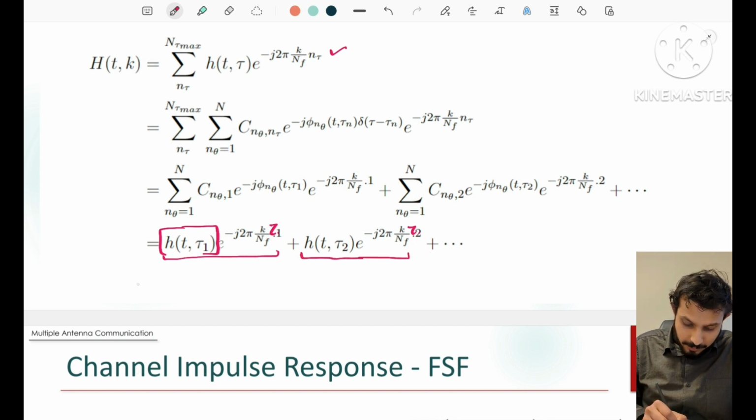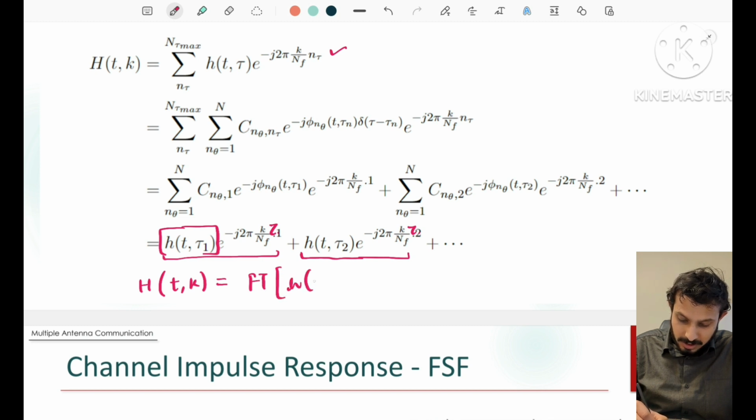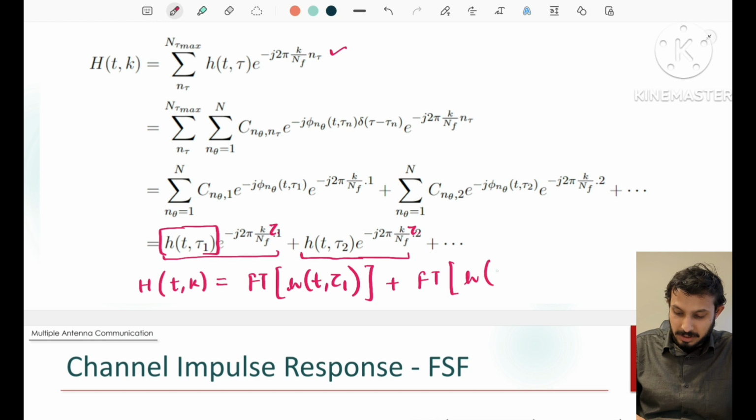So we can write the Fourier transform of h(t, tau) to be the Fourier transform of h(t, tau 1) plus the Fourier transform of h(t, tau 2) and so on.